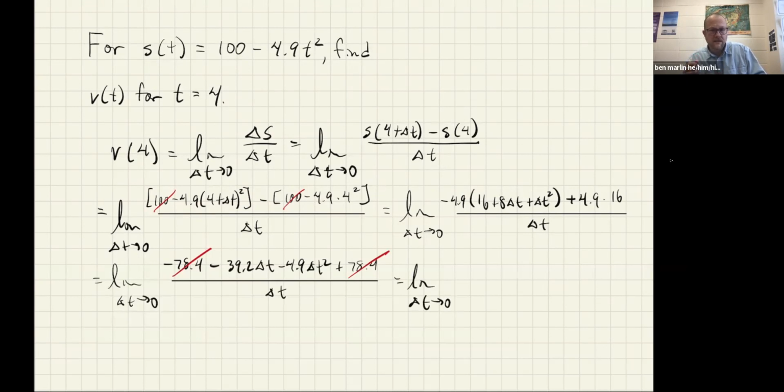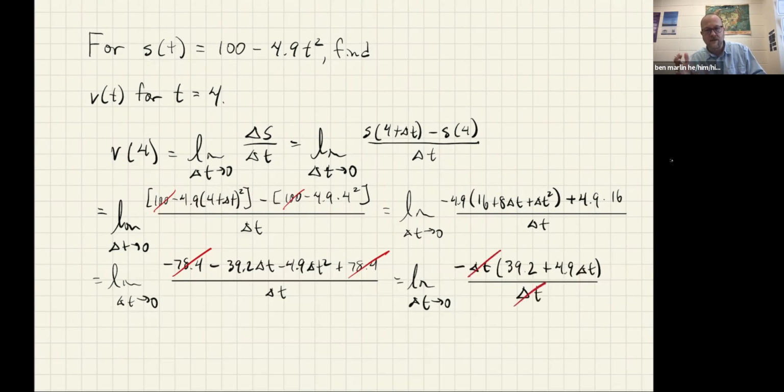If you want to cancel something, you have to factor it first, right? I'm going to factor out a minus delta t times 39.2 plus, because I pulled out the minus, 4.9 delta t, all divided by the delta t, and then we'll cancel these delta t's.